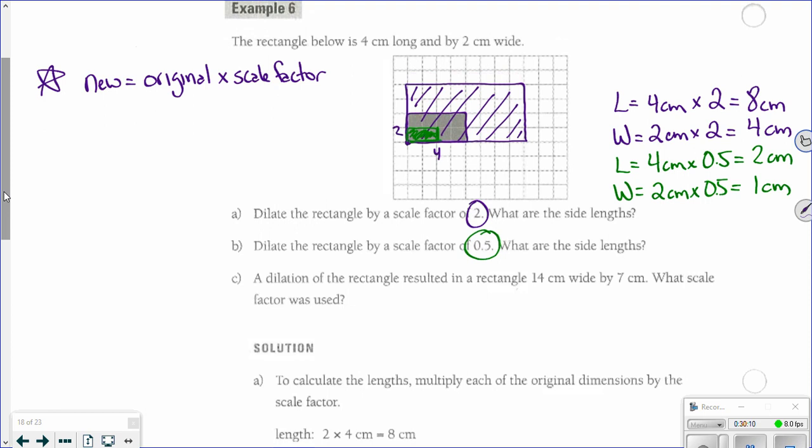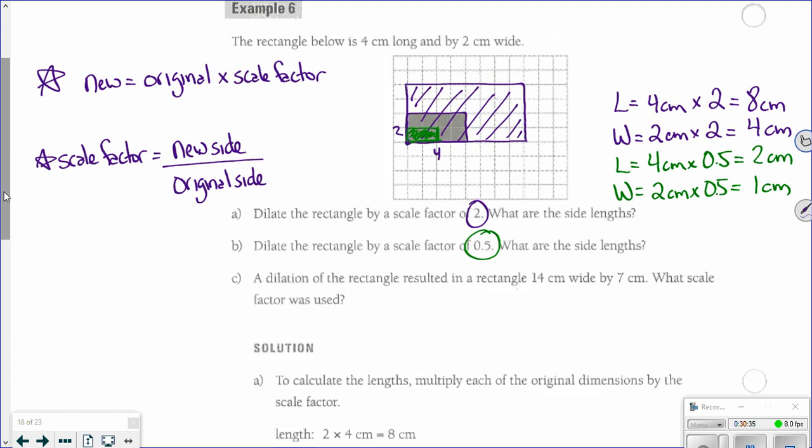If we ever want to find the scale factor, it's going to be the new length, or the new side length, divided by the original side. Keep in mind, you have to use the sides that are in the same position.